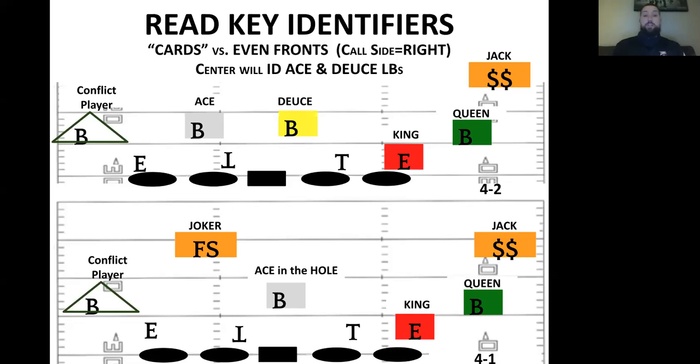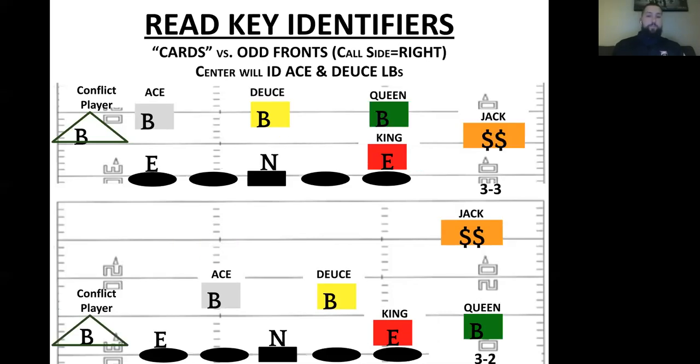And we can call this either way. And then king is our end man on the line of scrimmage. On top of the king is the queen. On top of the queen, jack. And then the joker is on the other side from the jack. Anytime we've got a zeroed up or a dotted Mike who's aligned over the center, we're going to call ace in the hole, okay?